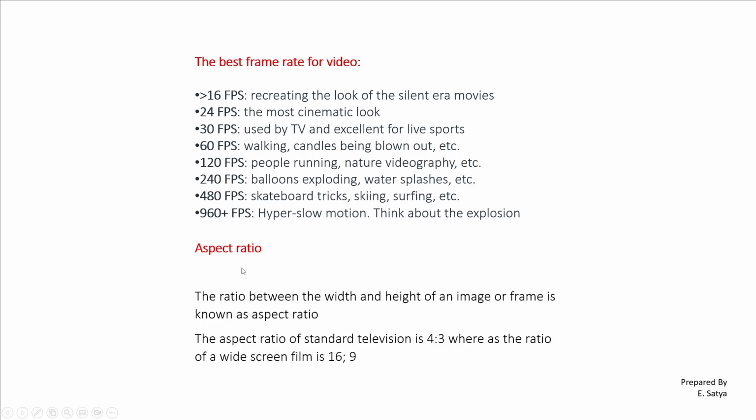Here, aspect ratio. What is aspect ratio? The ratio between the width and height of an image or a frame is known as aspect ratio. The aspect ratio of standard television is 4:3, whereas the ratio of widescreen film is 16:9.